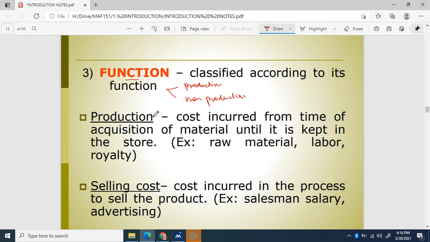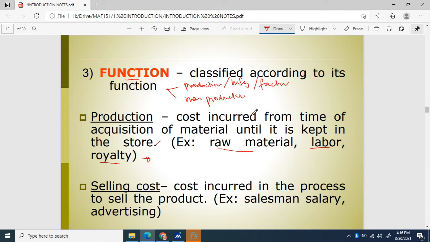Under production, sometimes we call it manufacturing cost, sometimes factory cost. The cost is incurred from the time of acquisition of material until it is kept in the store. That means during production of the product. Normally it is incurred at the factory. Examples are raw materials, labor, and royalty. That is the cost in the factory in order to produce the product.